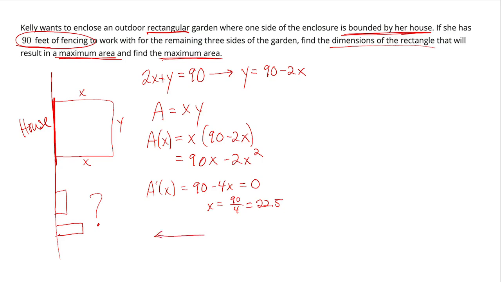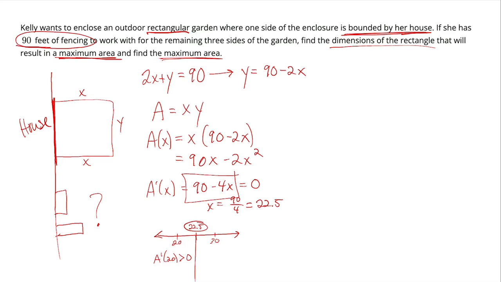Now, right quick, let's throw that on a number line to make sure that that would actually yield a maximum and not a minimum. So I'm going to pick, let's say, 20 and 30 as my test points. So plug 20 into the derivative. Remember, derivative, it's right here. When you do that, you'll end up getting a positive number, right?